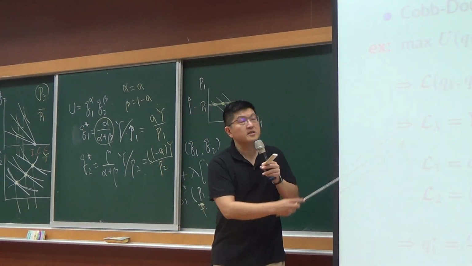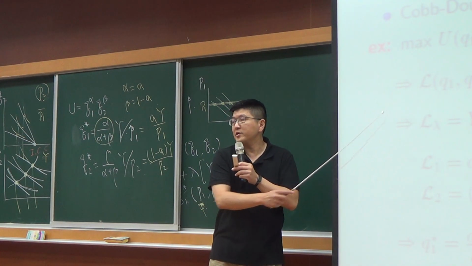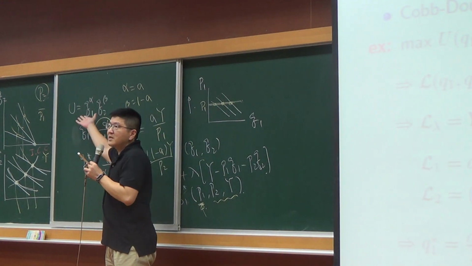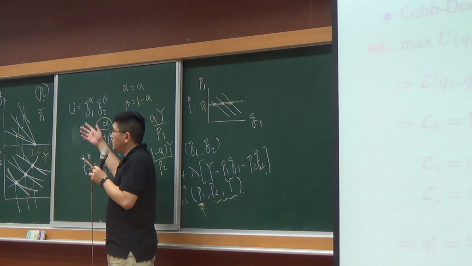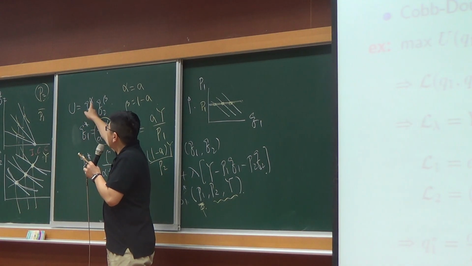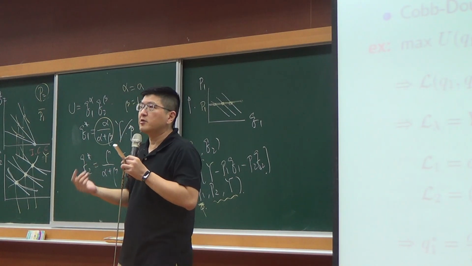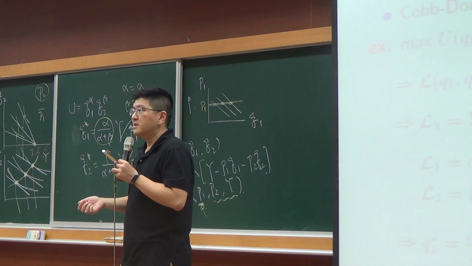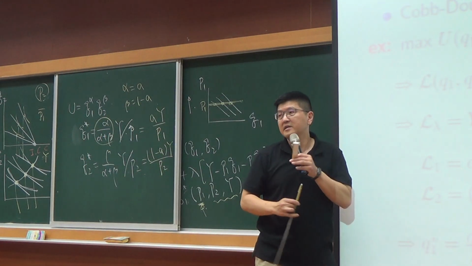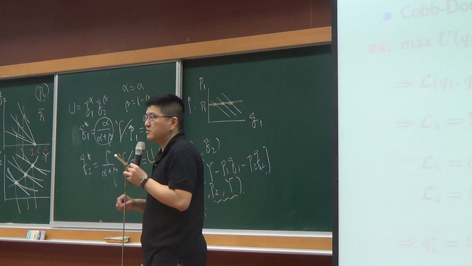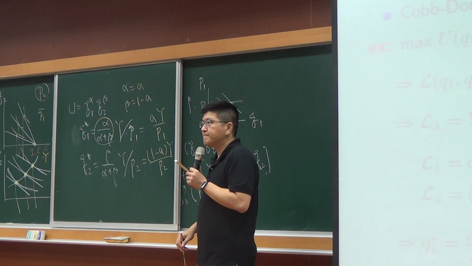So the case on the slide is just a special case of this one, right? The Cobb-Douglas utility function setting, with the power of alpha and the power of beta, is a general case, and A, 1 minus A, is just a special case of the general case.